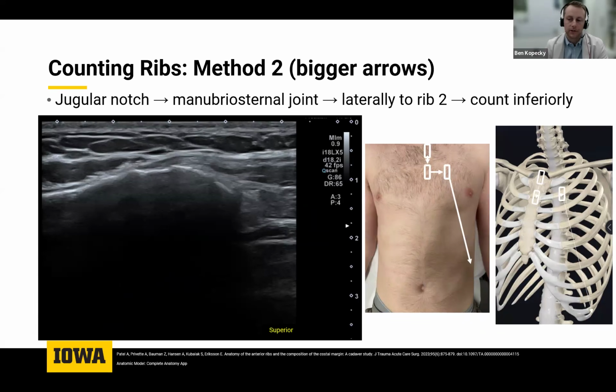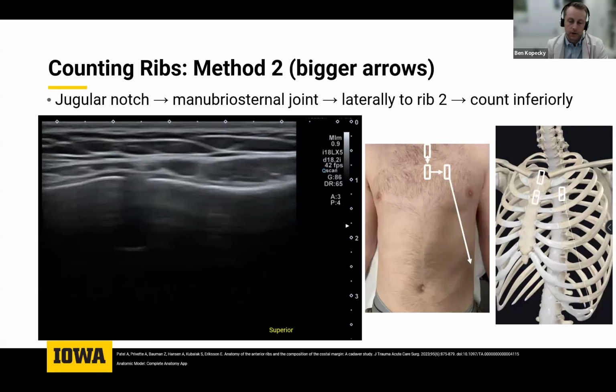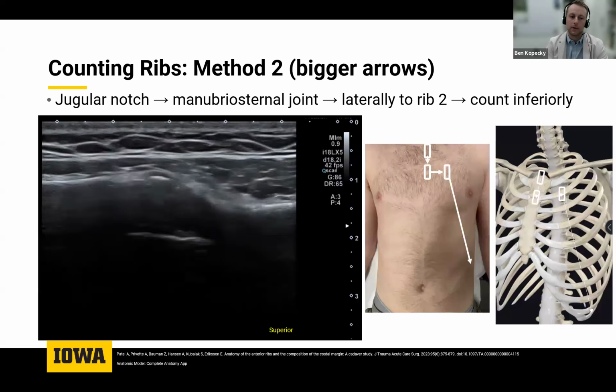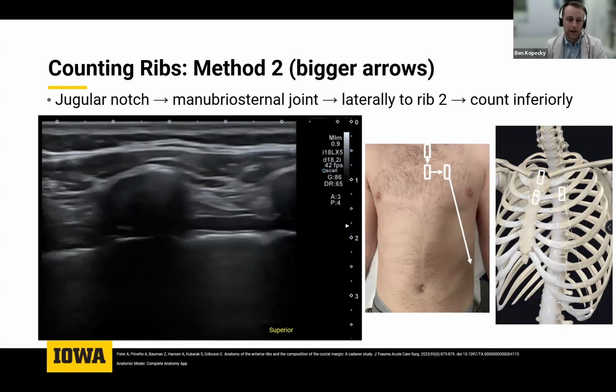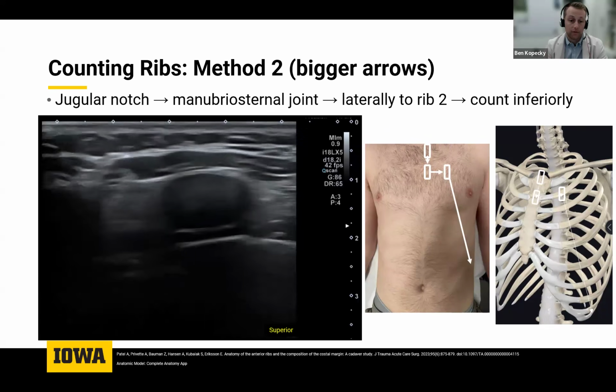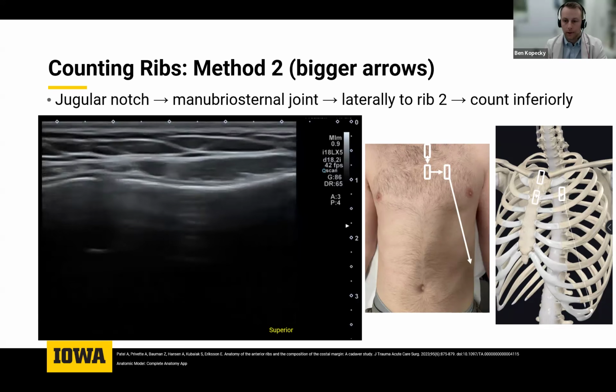So first you place the transducer in the sagittal plane at the midline of the chest at the superior aspect of the manubrium with the jugular notch in view. Then you scan inferiorly until you see the manubriosternal joint, also known as the angle of Louis, and while keeping the transducer in the sagittal plane, you translate laterally to reveal that second rib in short axis. And then from there, you just count inferiorly.